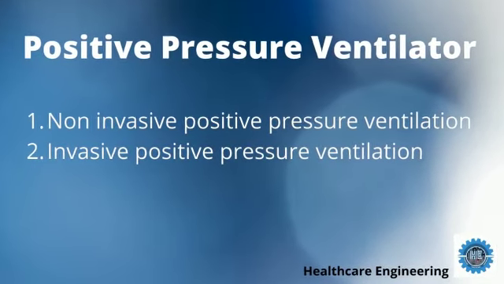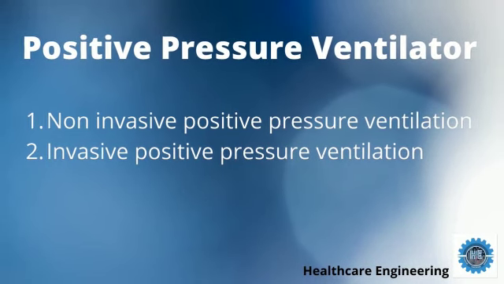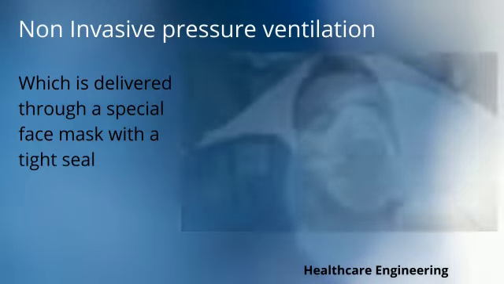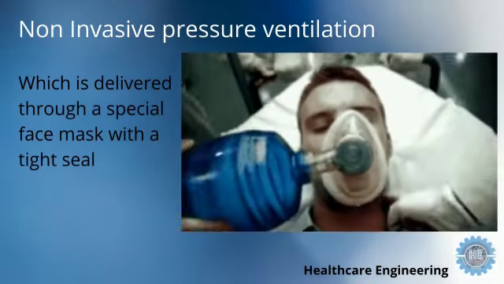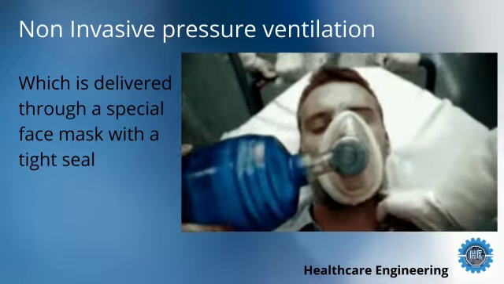Positive pressure ventilation can be delivered in two forms. Number 1, non-invasive positive pressure ventilation, NIPPV. Number 2, invasive positive pressure ventilation. Now let's see non-invasive positive pressure ventilation, which is delivered through a special face mask with a tight seal.